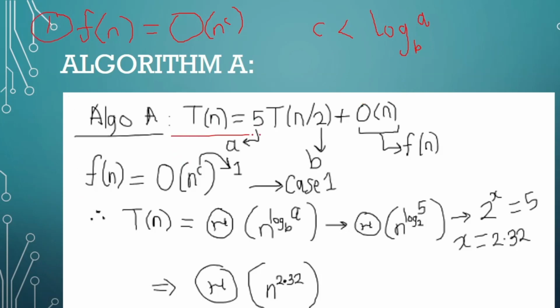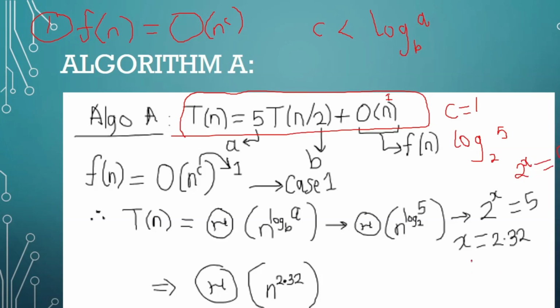So this is the recurrence relation that we've just deduced from the problem statement, and we're checking. So here c is just 1, n to the power of 1, and therefore c is 1, right? Yes. What about log to base b of a? b is 2, a is 5, so 2 to the power of x equals 5, and we get x is approximately 2.32.